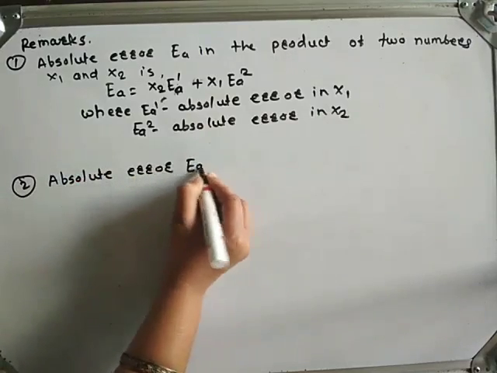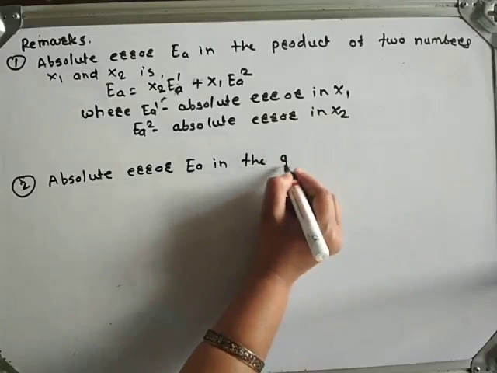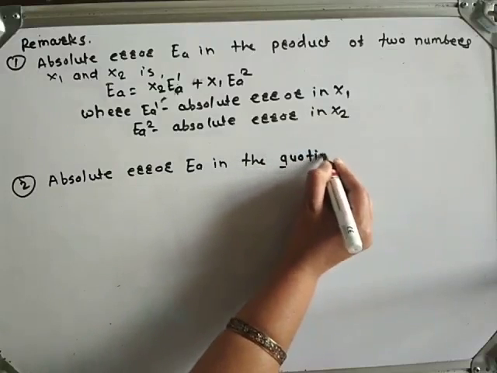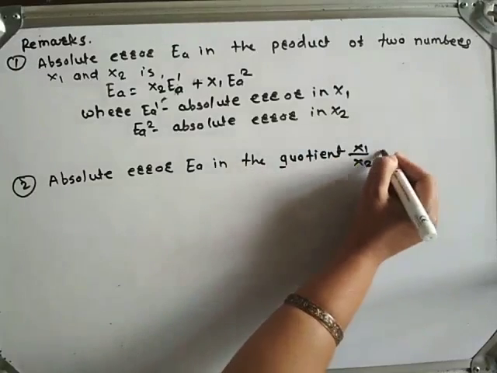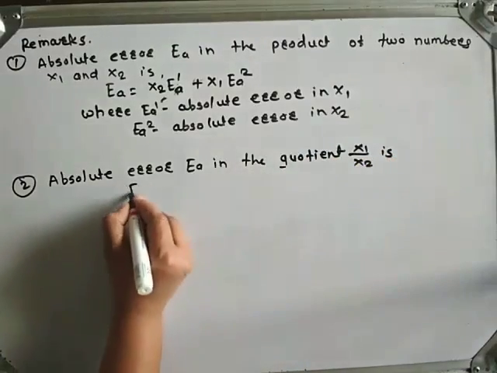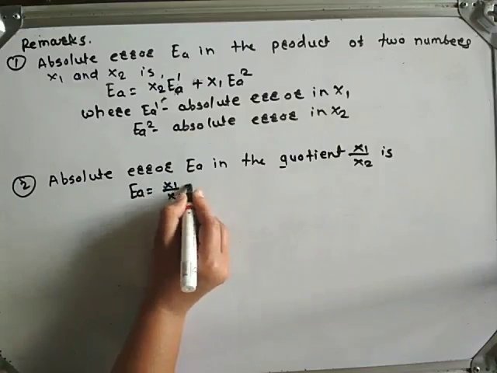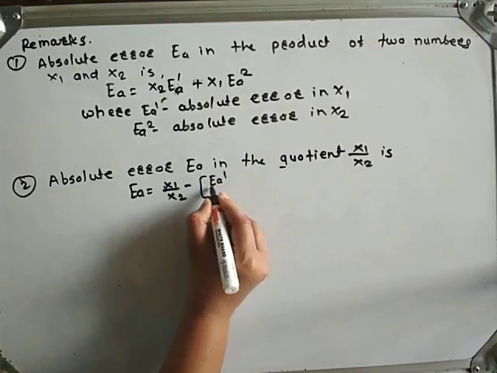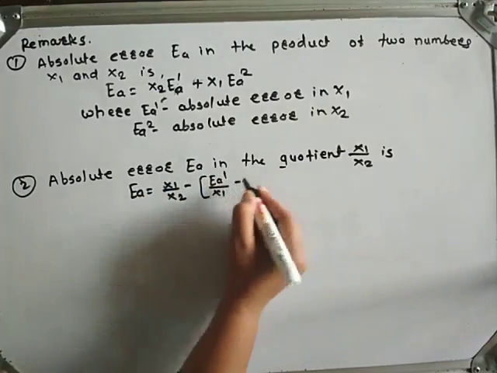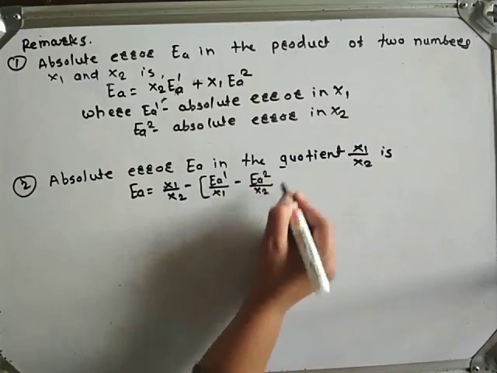And the second remark is the absolute error EA in the quotient x1 upon x2. EA is equal to x1 upon x2 into EA1 upon x1 minus EA2 upon x2.